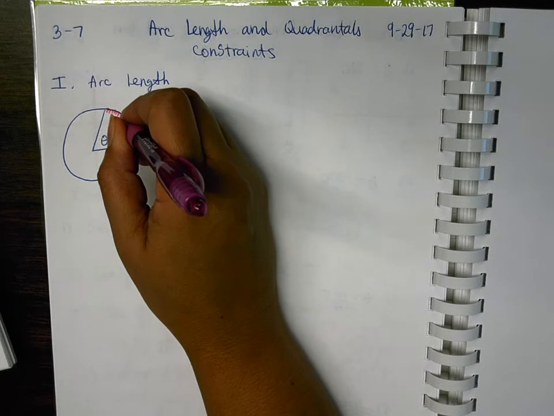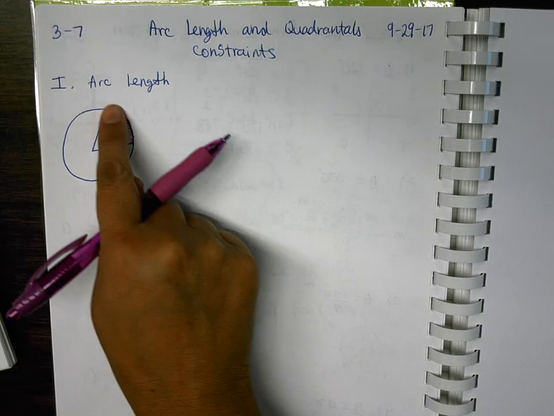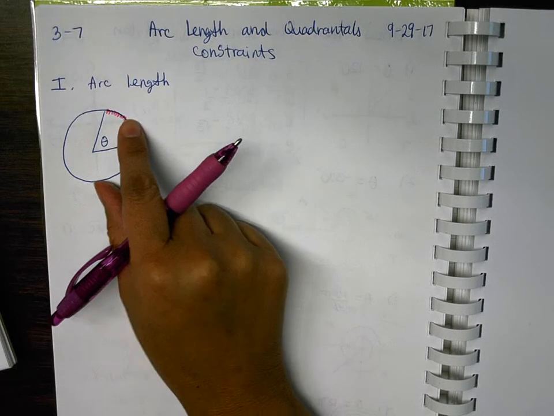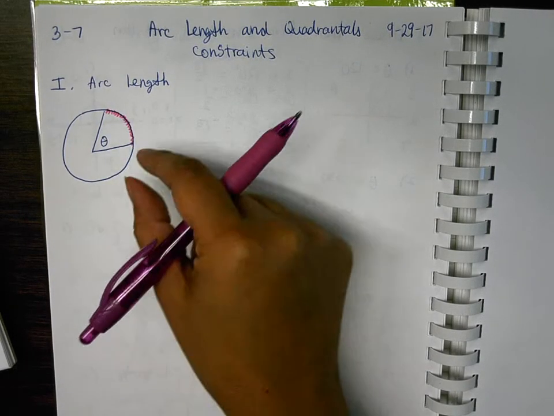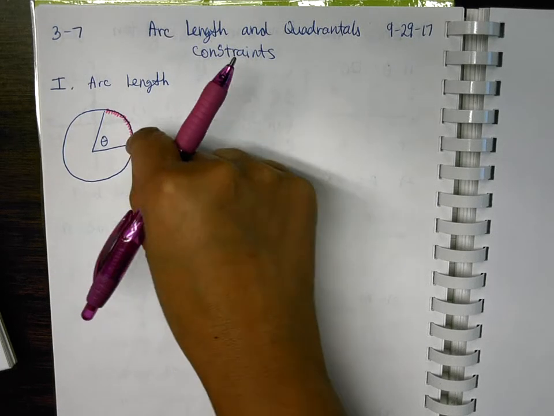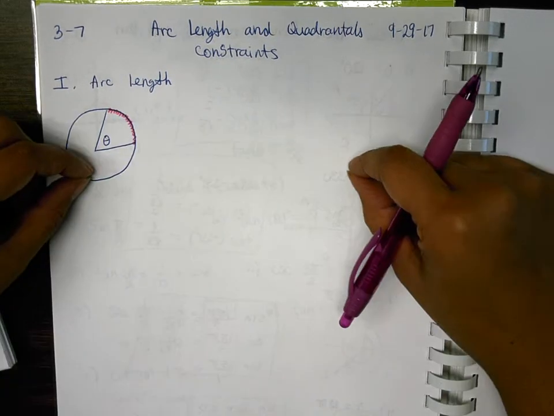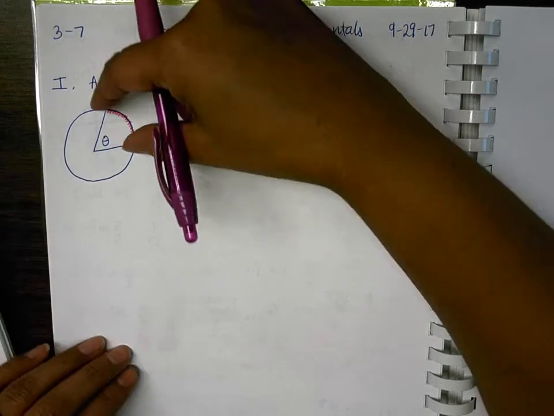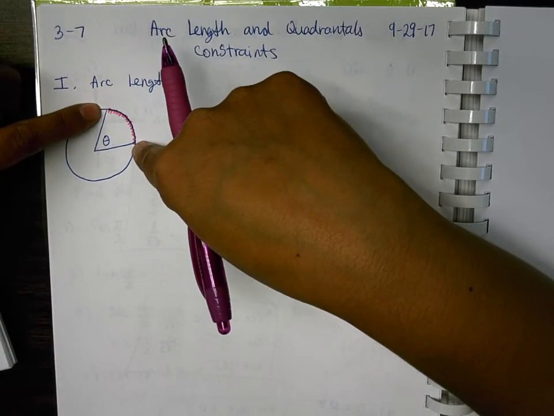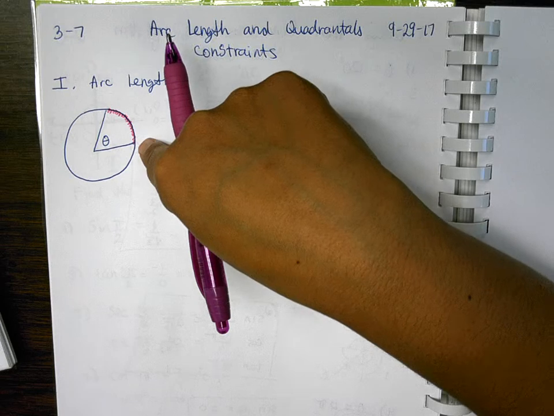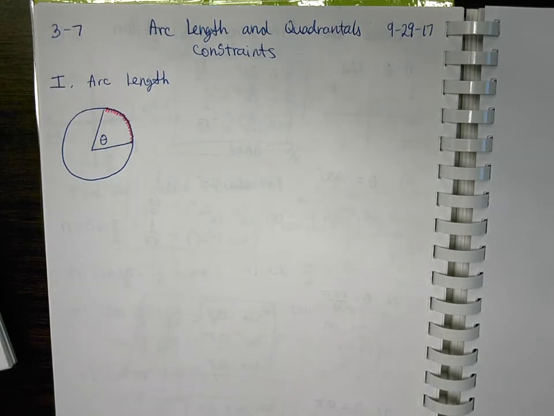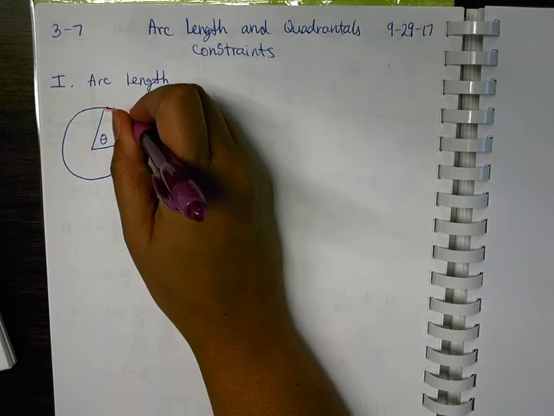Think of it this way: if this circle was made out of string and I snipped it, laid it out, could I measure it with the ruler? Yes, that's the circumference. Well, this is just a piece, so if I snipped here and here and measured just that piece, that is the arc length. So when you did this back in Math 2, you used a fraction of the circumference, because that is what it is. But we're doing it different here.